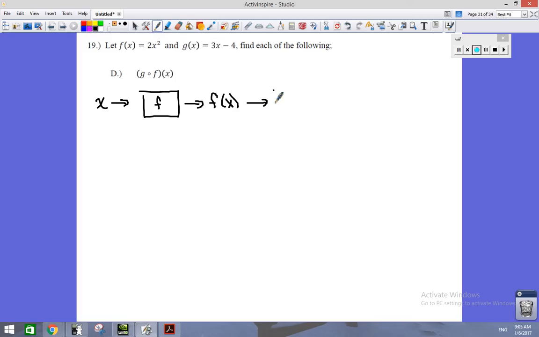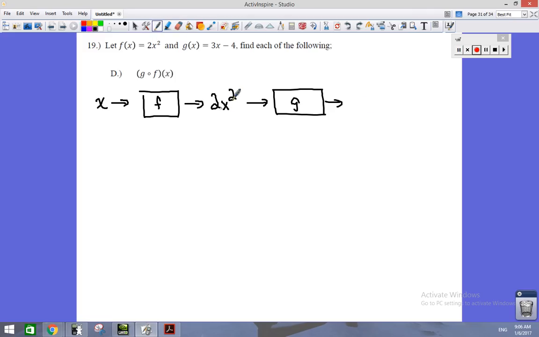That f of x is going to be the input into g, and the output is g of f of x. Well, it's easy to determine what f evaluated at x is because it tells us right there that it's 2x squared. And now we're going to have 2x squared be the input for g. So what is this formula going to be as the output?